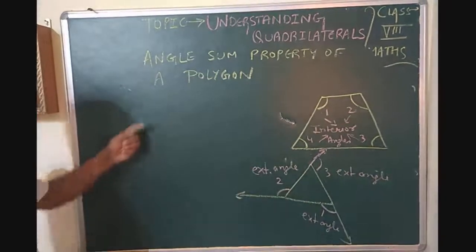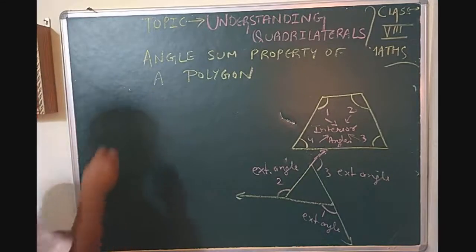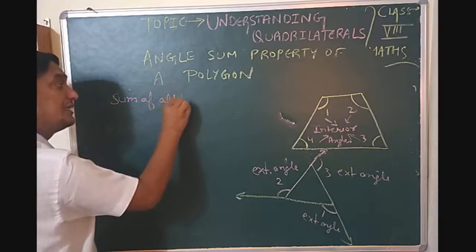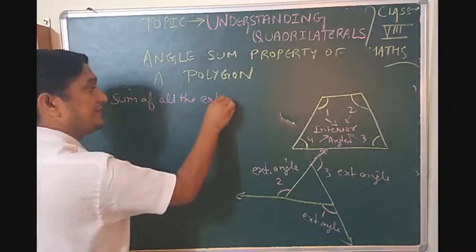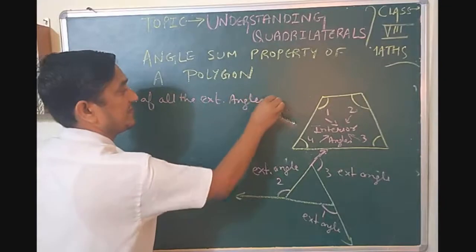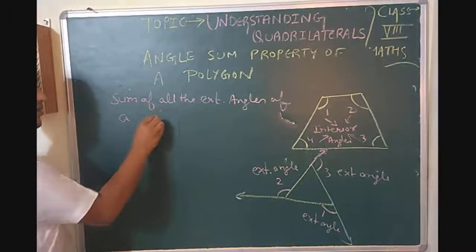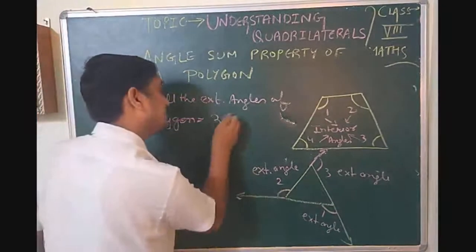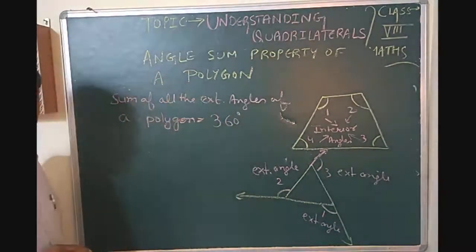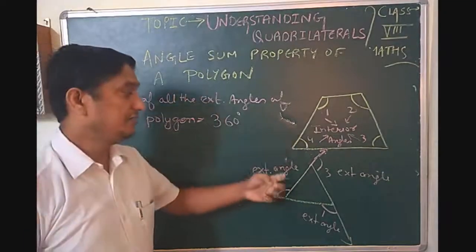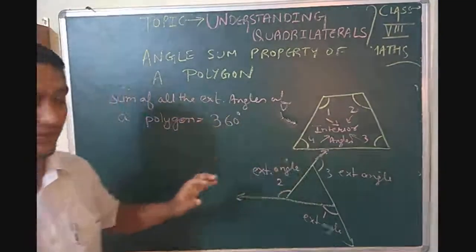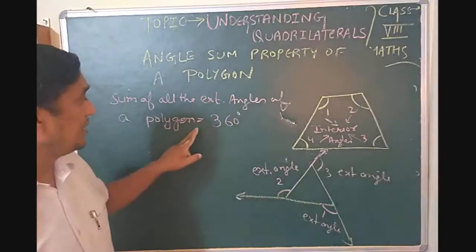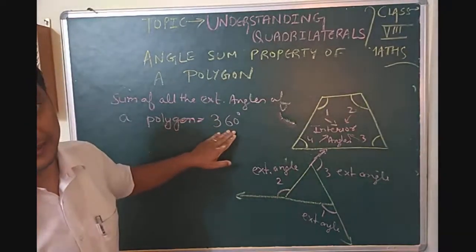So children, we must learn the property. The property is what? Sum of all the exterior angles of a polygon is equal to 360 degrees. Always, whatever the polygon may be, quadrilateral, triangle, pentagon, whatever, the sum of all the exterior angles of a polygon is 360 degrees.